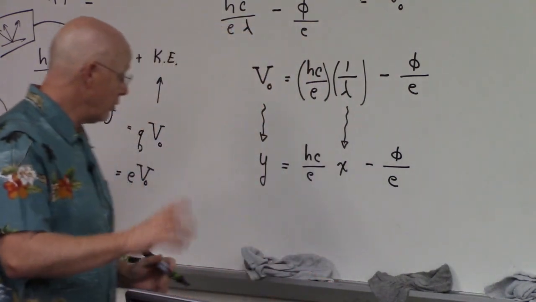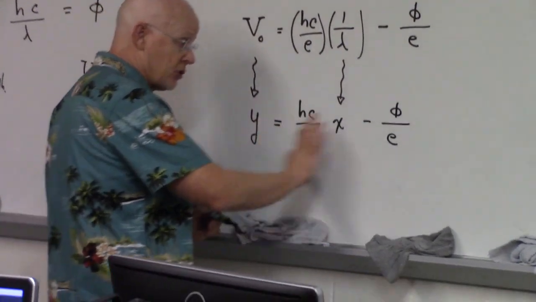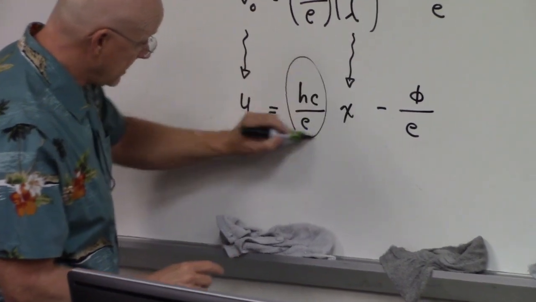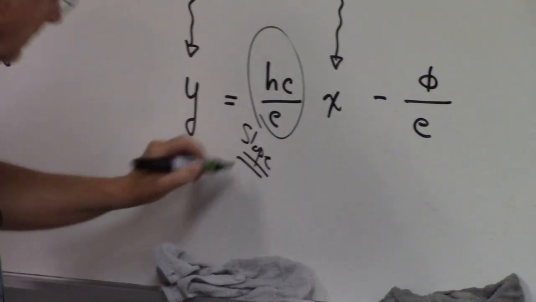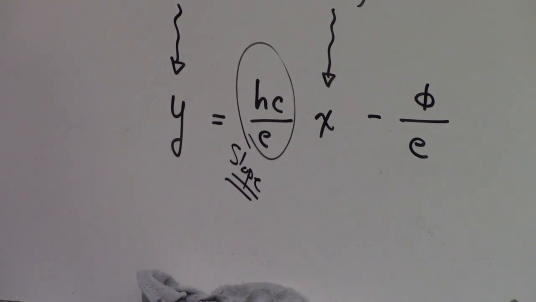And then according to our theory, this should be a straight line where this is the slope.